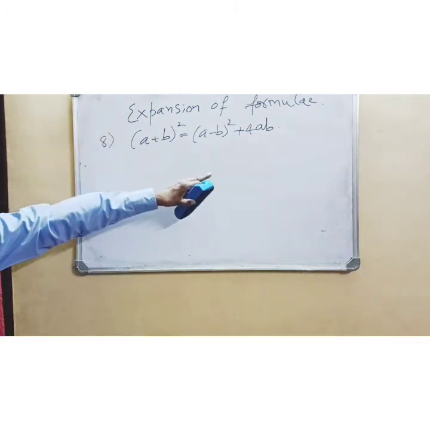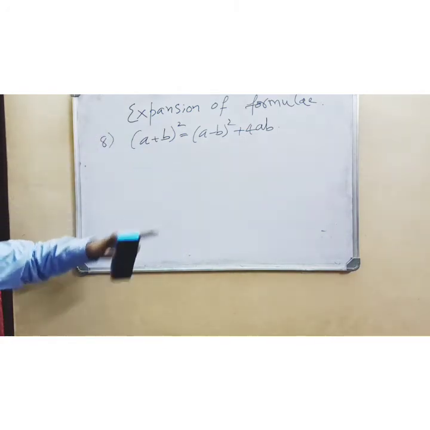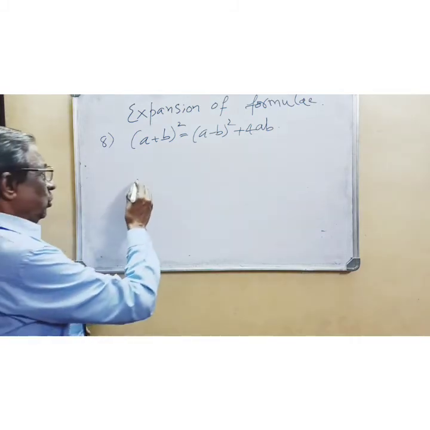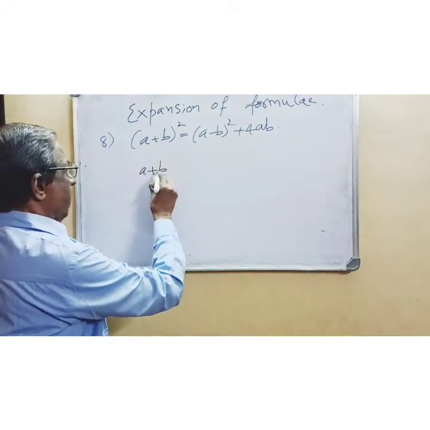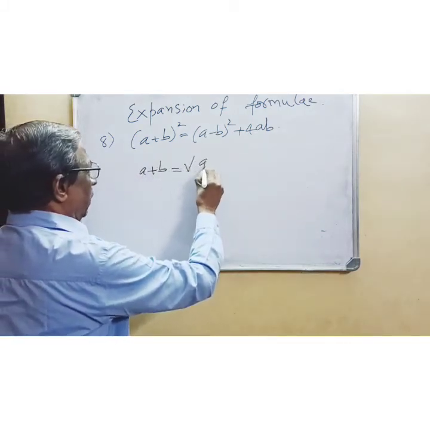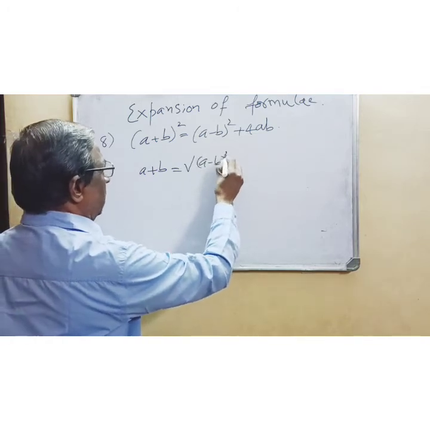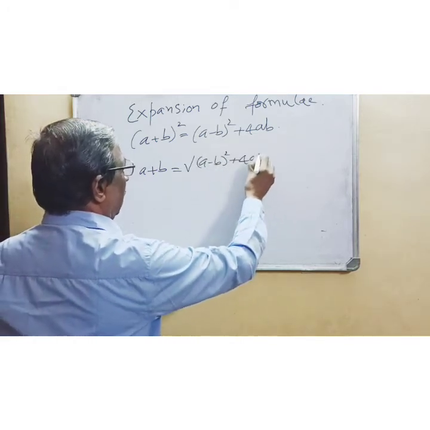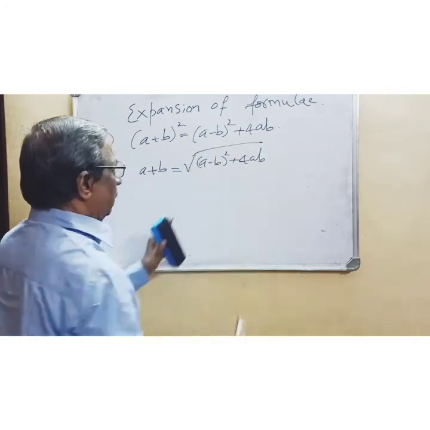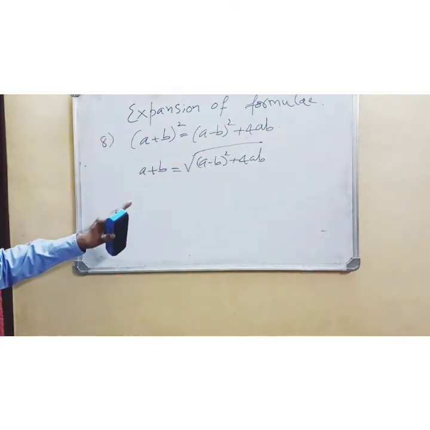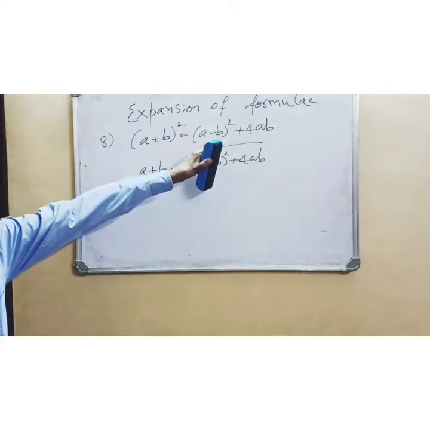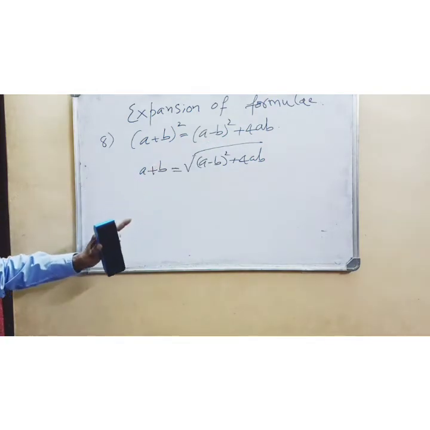If we add 4ab, this becomes a plus b bracket square. So a plus b is equal to square root of a minus b bracket square plus 4ab. This is how you can derive. If you know a minus b, you can find a plus b.